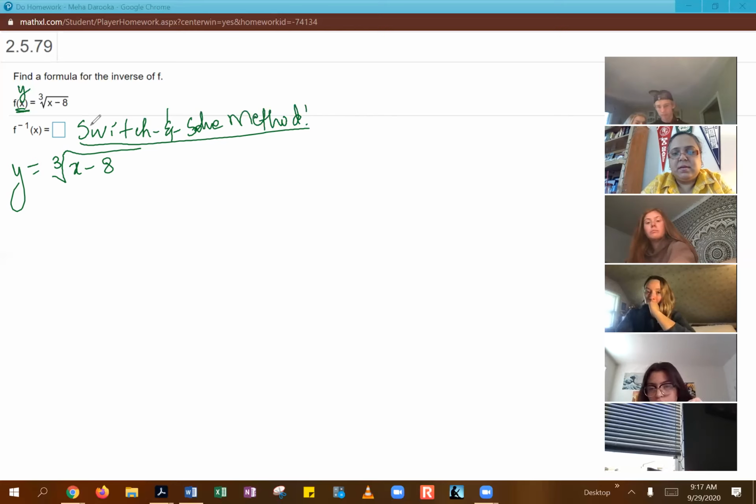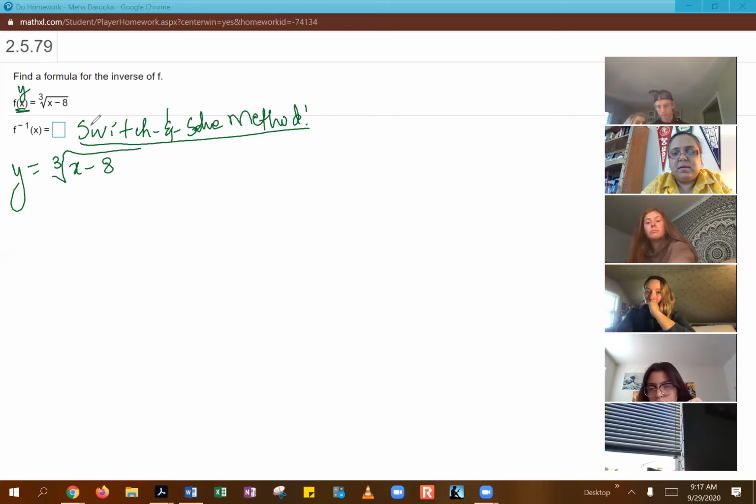Now, our goal is to get that y by itself. As I was mentioning, you would need to get the cube root taken care of. To get rid of the cube root, we would have to raise both sides of our equation to the third power. That would help us cancel out the cube root on the right-hand side. So you would end up with x cubed on the left, y minus 8 on the right.